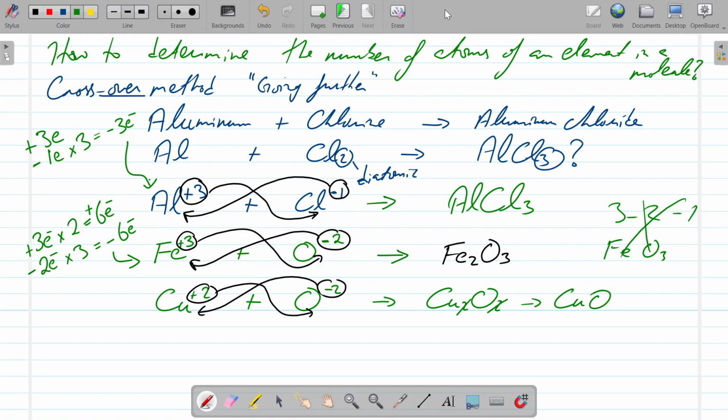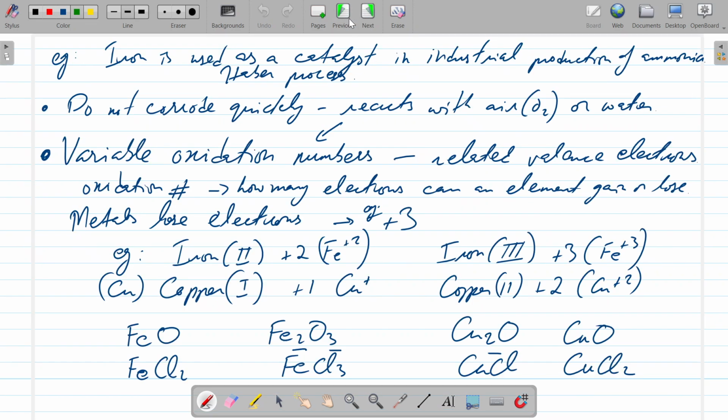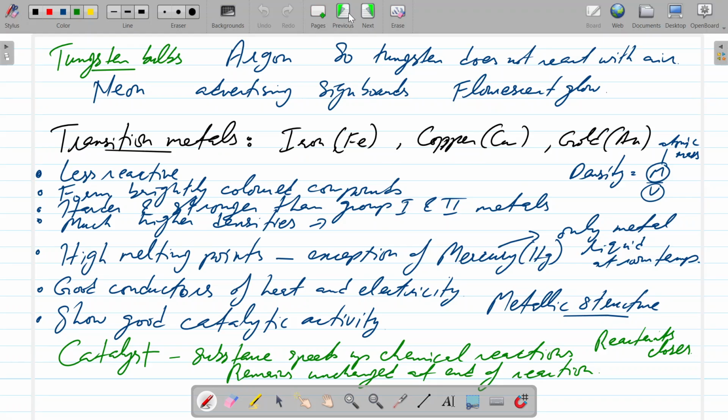All right. So with that cleared, this is something that will be discussed in ionic bonding in different ways, not the crossover method. But keep in mind, you do not write your equations this way. This is something that you do in the margin as rough work. This is not how you write your equations. Your equations are written the way we've done them.